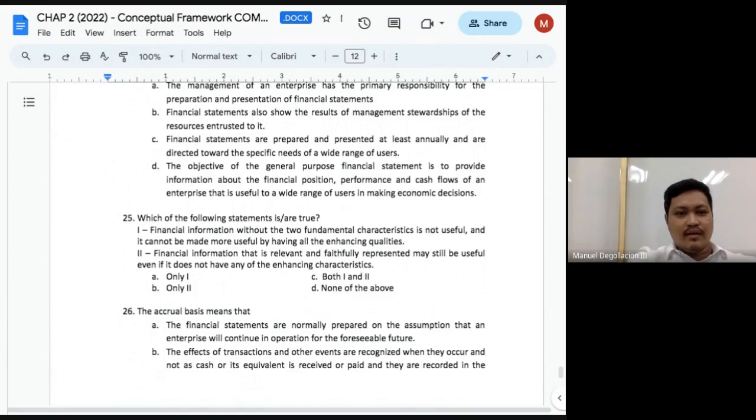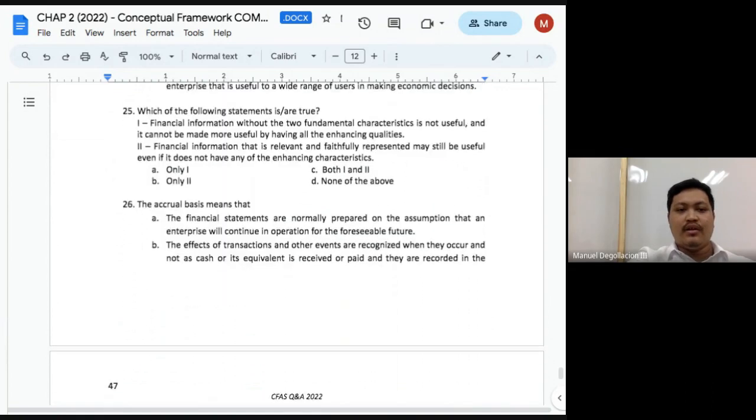And then, financial information that is relevant and faithfully represented may still be useful, even if it does not have any of the enhancing qualitative characteristics. Statement 2 is actually true. What is needed for it to be considered useful is that it must have relevance and faithful representation. So number 25, the answer is Charlie.